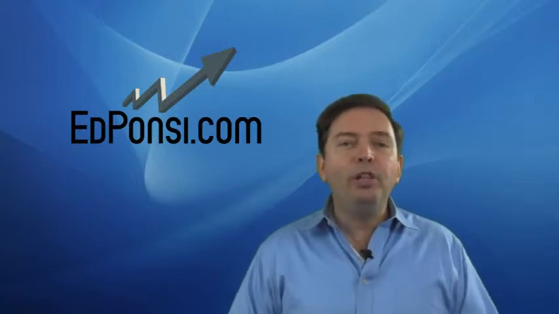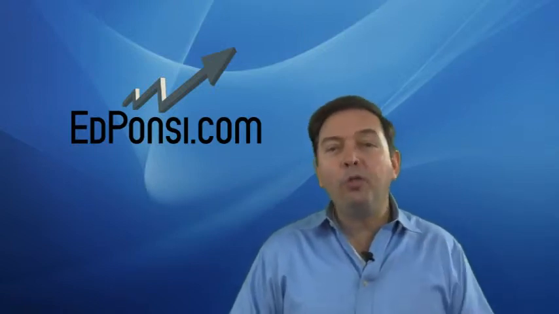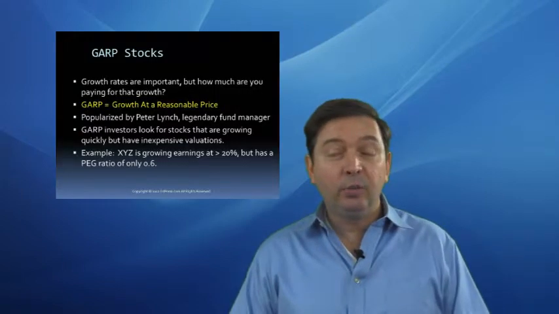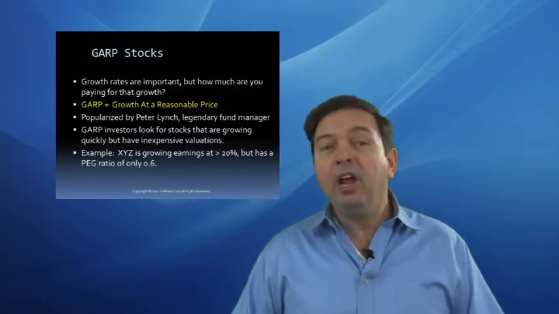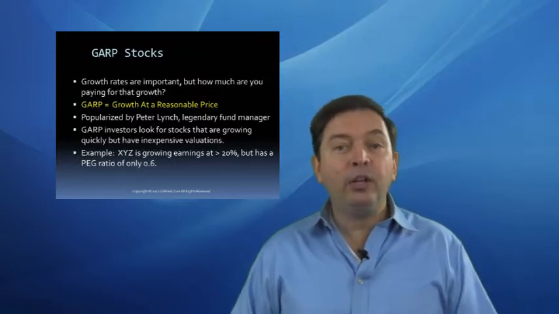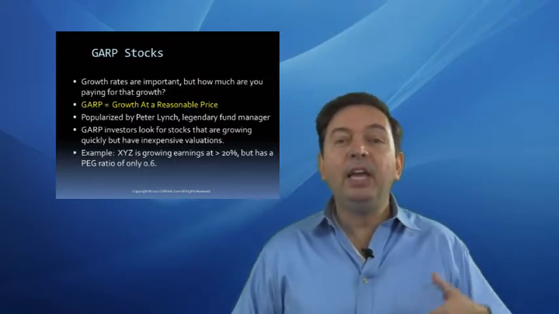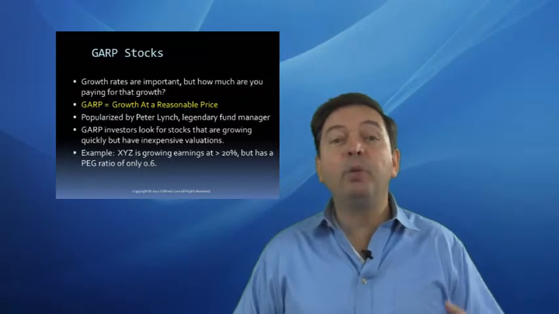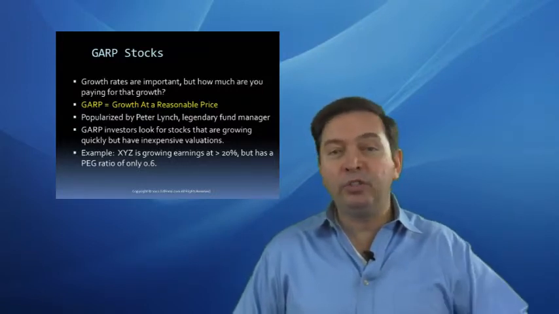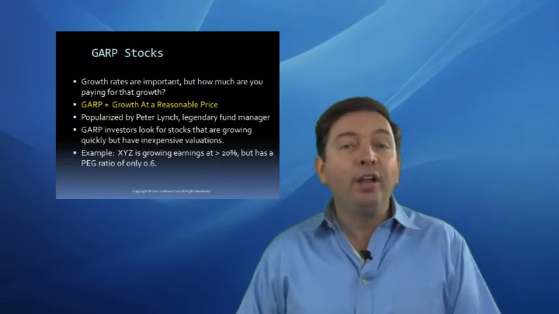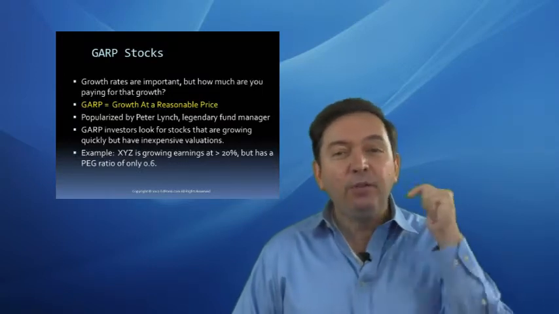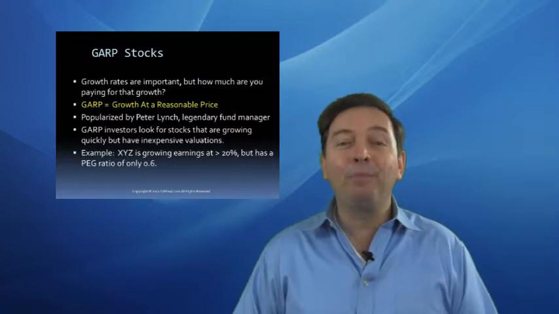Speaking of an edge, what are we looking for? We're looking for growth at a reasonable price. We want stocks that are growing, but we don't want to overpay for them. And growth at a reasonable price, or GARP, is an important concept. This was popularized by Peter Lynch, who was a legendary fund manager, because the growth rate is important, but how much you pay for that growth rate is even more important.